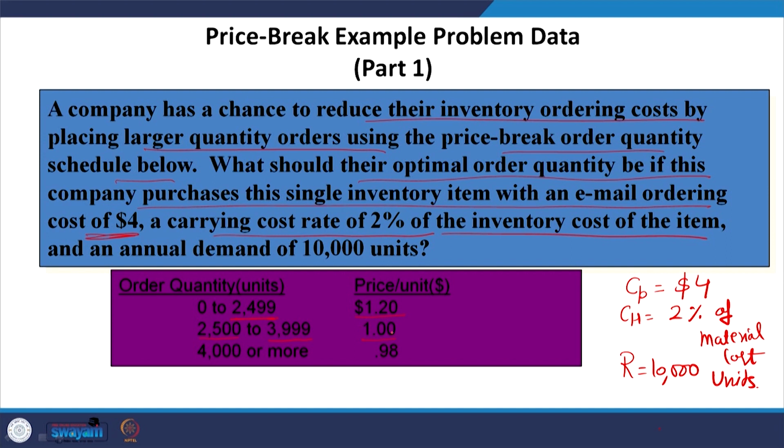And if your order quantity is 4,000 or more, then you will further get a discount of 2 cents and you will be charged 98 cents per unit. So, now this type of schedule is available to you and you want to take the benefit of this schedule, as well as reduce your inventory cost. Let us see how we go ahead.